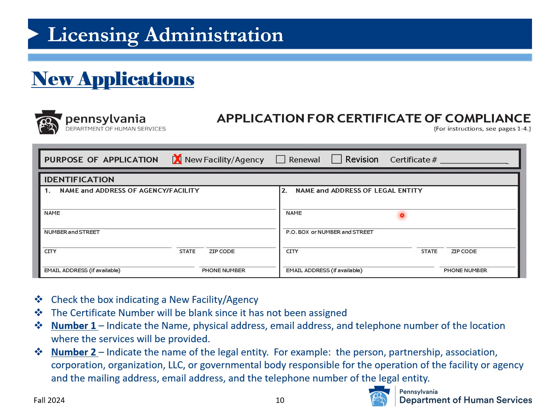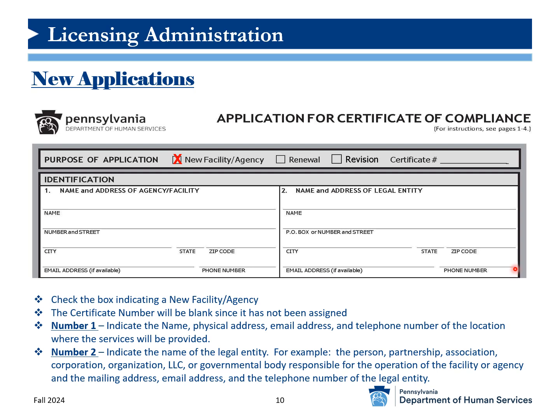It could be a partnership, association, corporation, an organization, an LLC, or governmental body, but it's the person or the entity responsible for the operation of the facility or agency, their mailing address, an email address, and the telephone number. All of this information is about the legal entity.